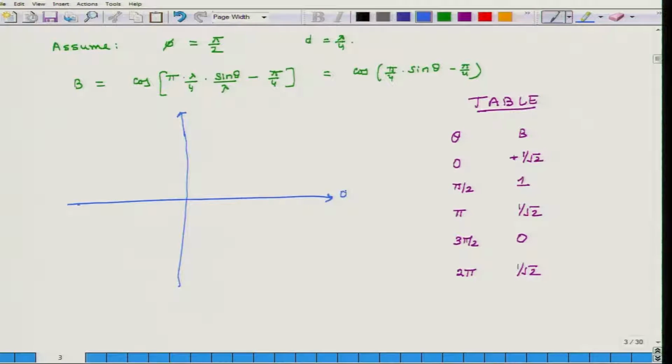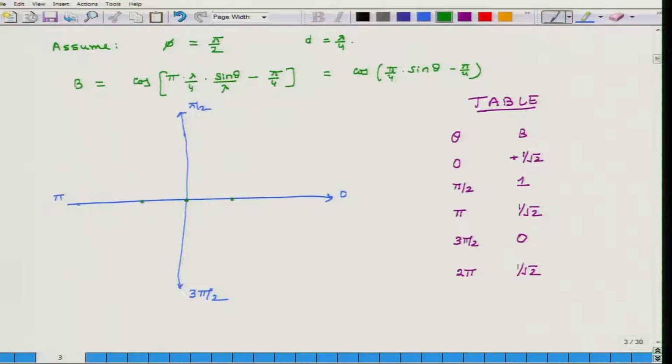So, in the polar plot this is 0 degrees, this is pi over 2 radians, this is pi radians and this is 3 pi over 2 radians. And what we will do is, this is my origin, so the distance from the origin will reflect the value of B. So, at theta equals 0 degrees, it is 1 over root 2.